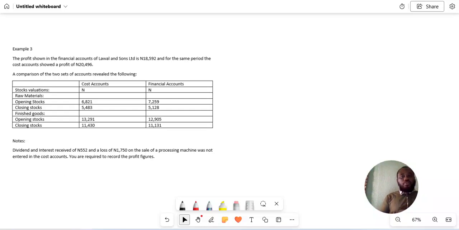We have to reconcile the profits. So let us go in there and do some workings. Solution. We're told that we need to reconcile the profit. So let us start by writing Lawal and Sons Limited.